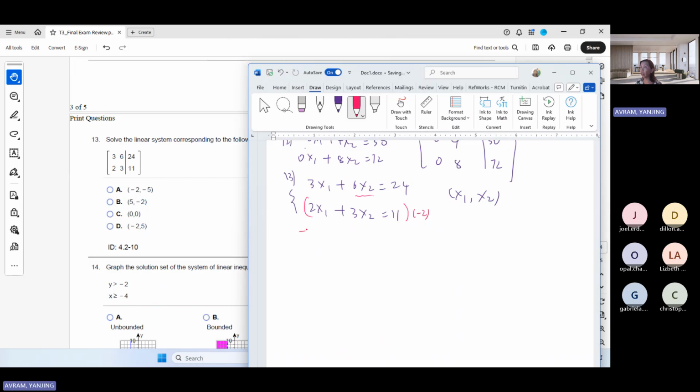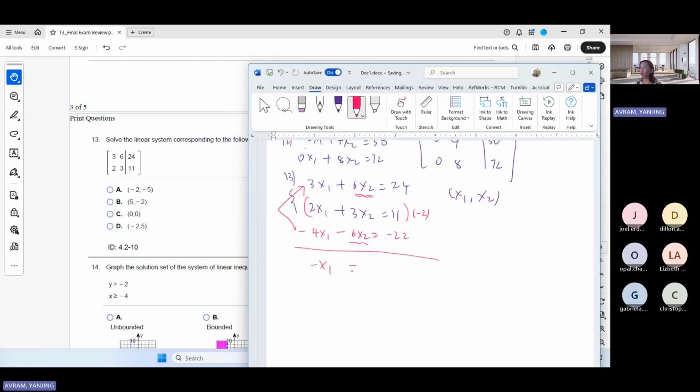So this will be -4x1 minus 6x2 equal to -22, right? That's my second equation. And I add it to the first one in here. So this x2 and x2 will be canceled out. So I have 3x1 plus this -4x1.